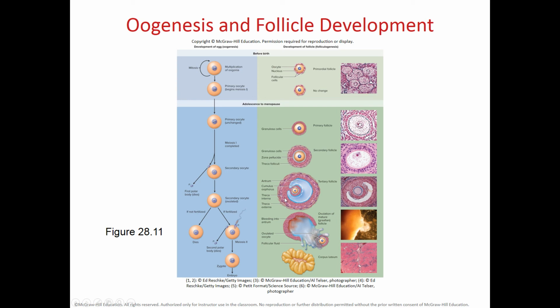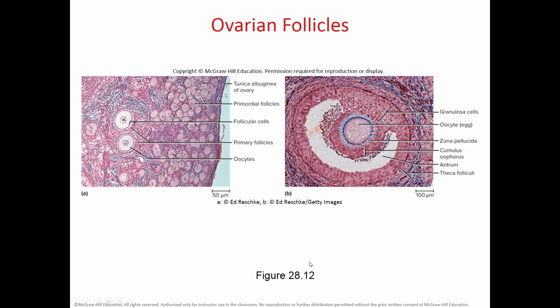Then you will have an increased number of cells around this secondary oocyte, into what we call the theca interna and theca externa, that are going to start producing the different hormones of the ovaries. And then on day 14 of the menstrual cycle, you will release these oocytes under the influence of LH. And if pregnancy happens, you will maintain for a while this structure that is called the corpus luteum, that is going to secrete progesterone.